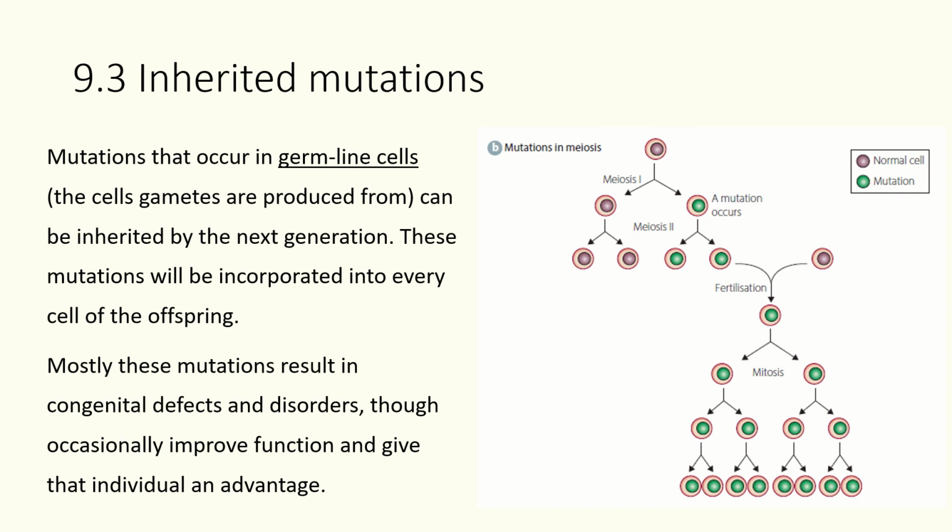You can occasionally have mutations that will be advantageous. So mutations aren't always a bad thing. We'll look at this in more detail in evolution, but you could have a mutation that makes you better at functioning, gives you an advantage. A great example of this is Michael Phelps, widely regarded as the best swimmer to have ever lived. I think he has the award for most gold medals ever won by an individual.